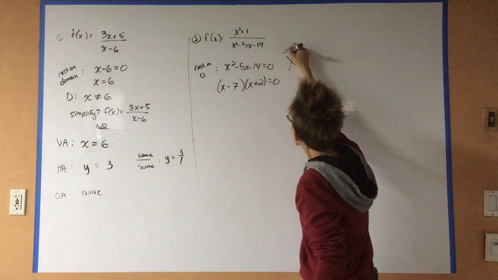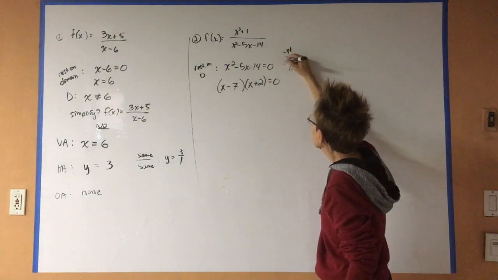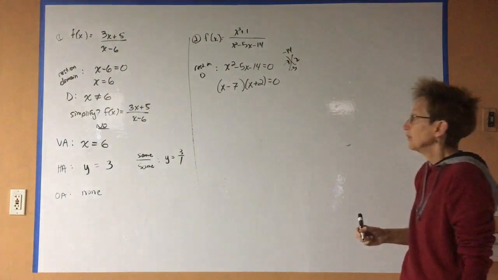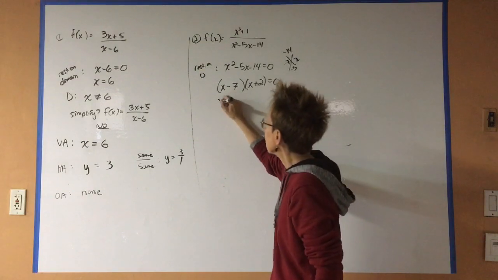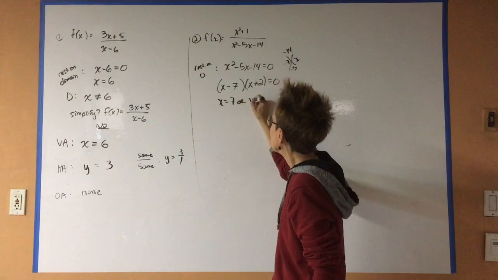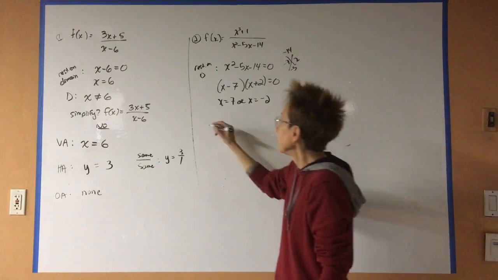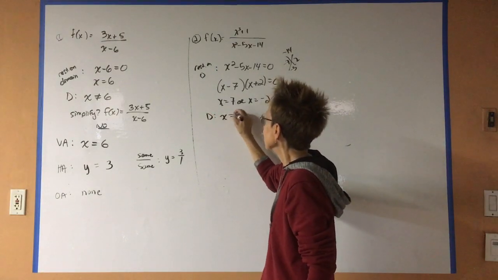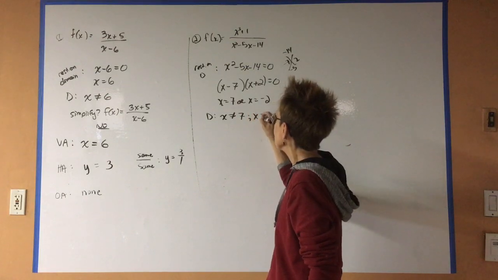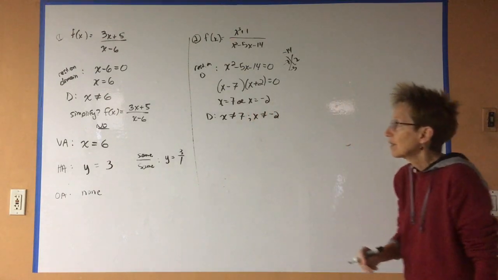Negative 7, positive 2. So this gives me x equals 7 or x equals negative 2. So my domain then is x can't equal 7, x can't equal negative 2.